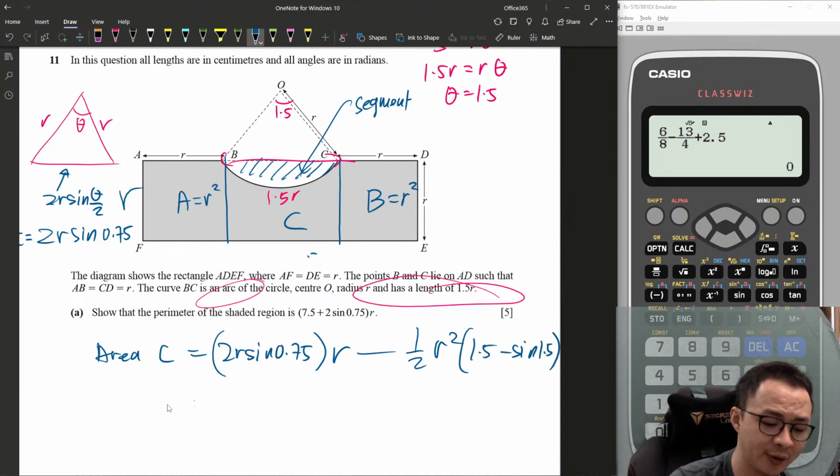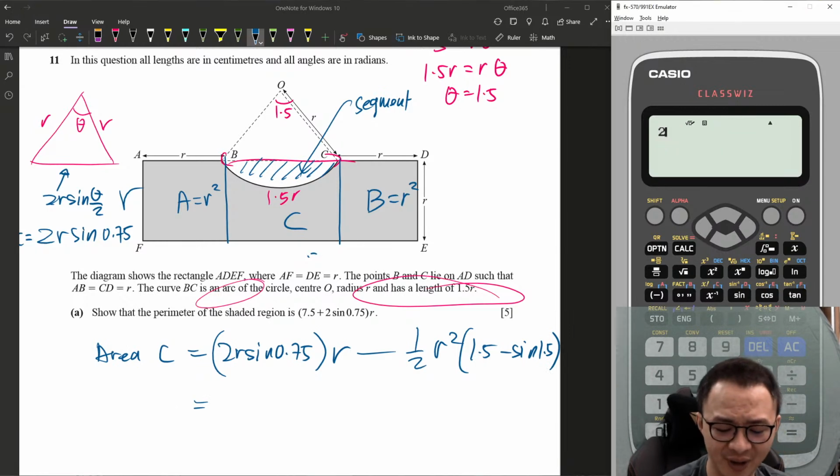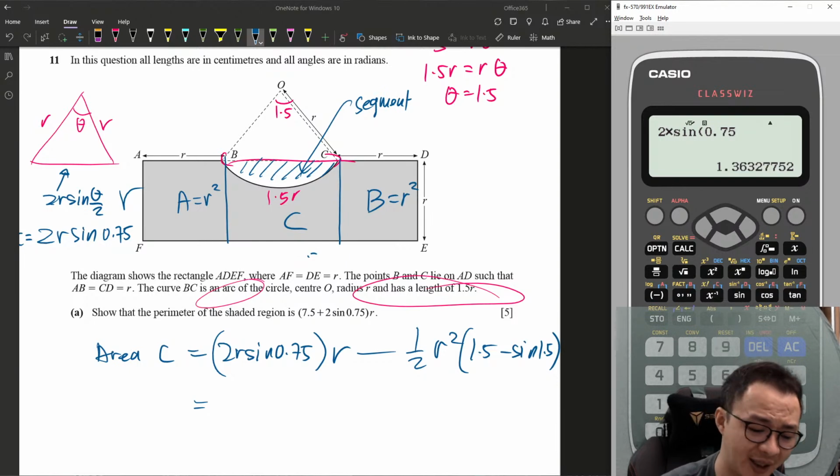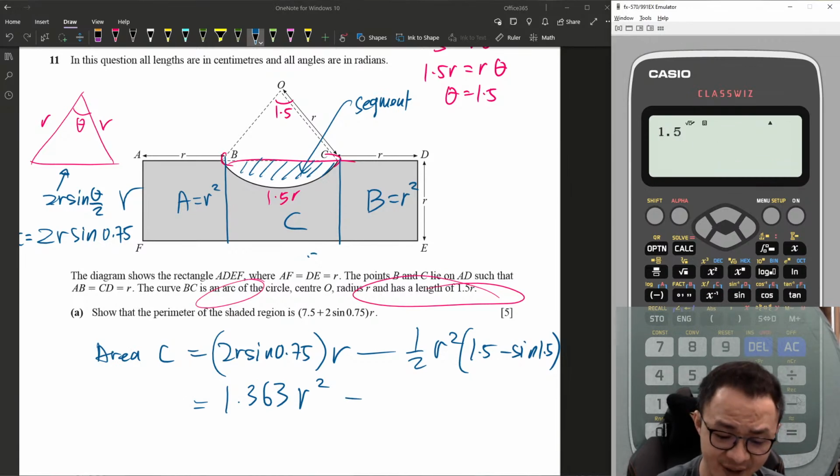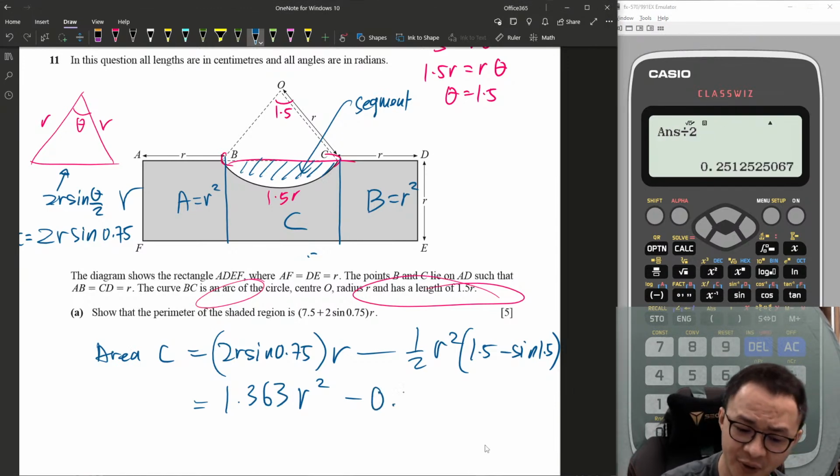I'm going to solve this in decimals because they asked for the final answer in 2 decimal places, but before the final answer I will write 3 decimal places first. Minus sine 1.5, then divided by 2. This one is 0.251 r squared.